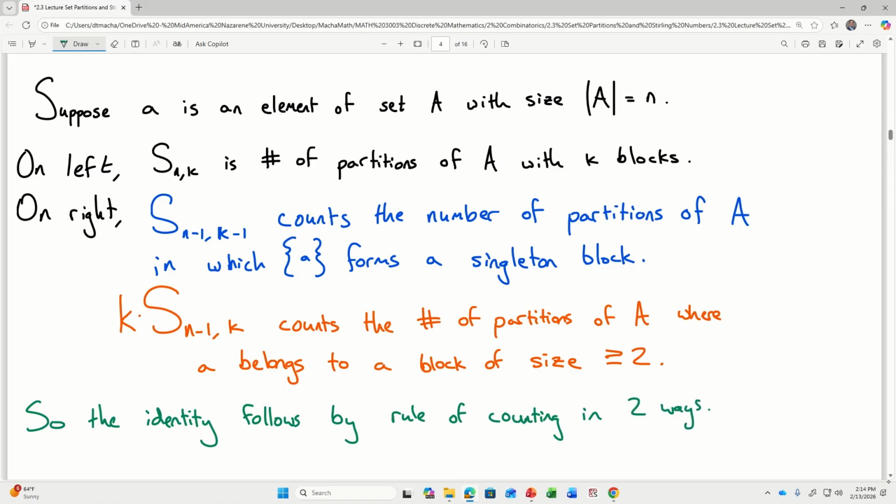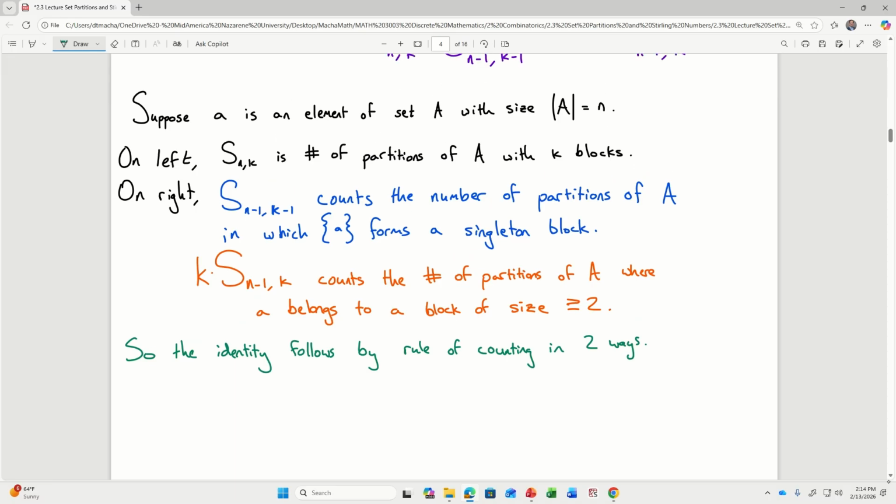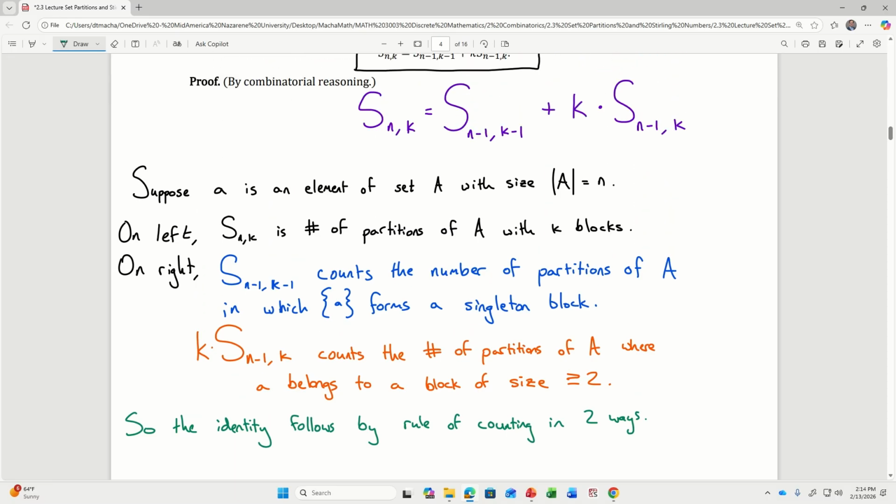In other words, the left side of this equation is counting the number of partitions of A with k blocks, and the right side of this equation is doing the same thing. It's just doing it in a slightly more complicated way, because it's an either-or situation.